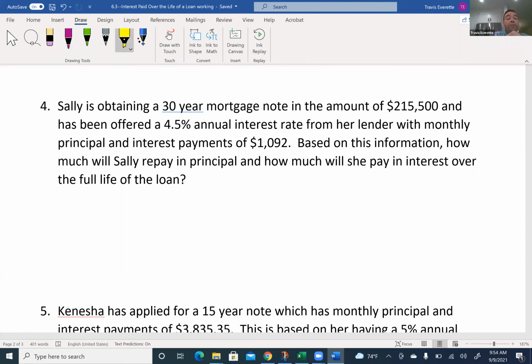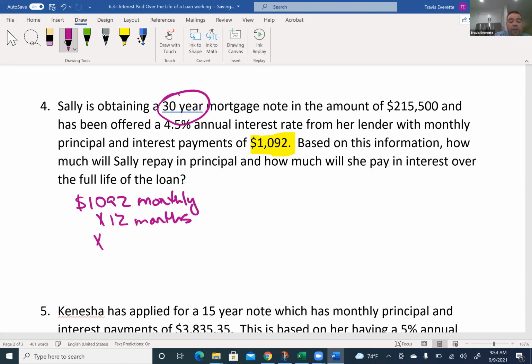So anytime we're trying to figure out the total, we start with our monthly amount. That monthly amount is the great starting point here. So we're going to look at $1,092 monthly times 12 months a year. And you don't have to really stop. You can just keep going and say straight up times 30 years.